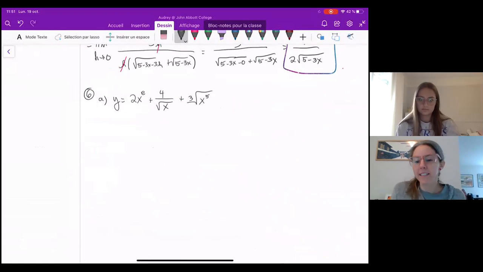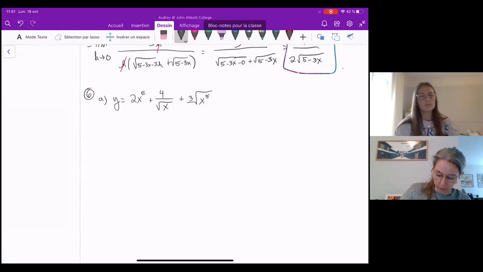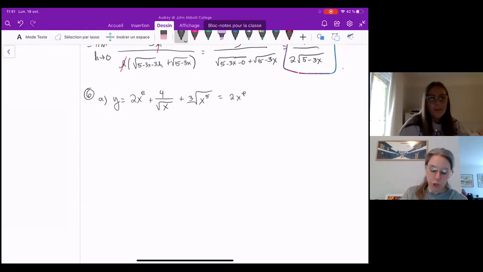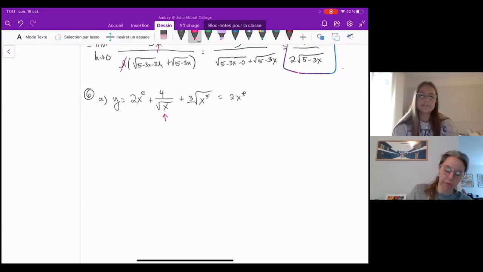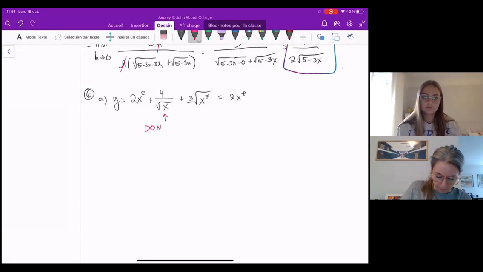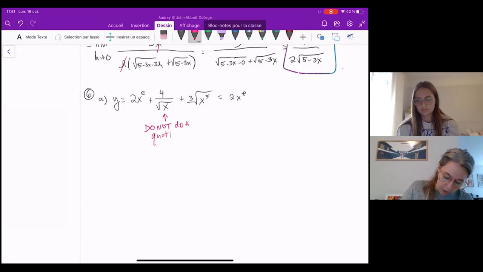Okay, so when I see a derivative, what's usually the first thing I should do? Simplify, like write them down in a simpler form. You got it. So I'm gonna have 2x to the e. Should I do a quotient rule on 4 over the square root of x? No, just put x minus 2. You got it. Or minus 1/2.